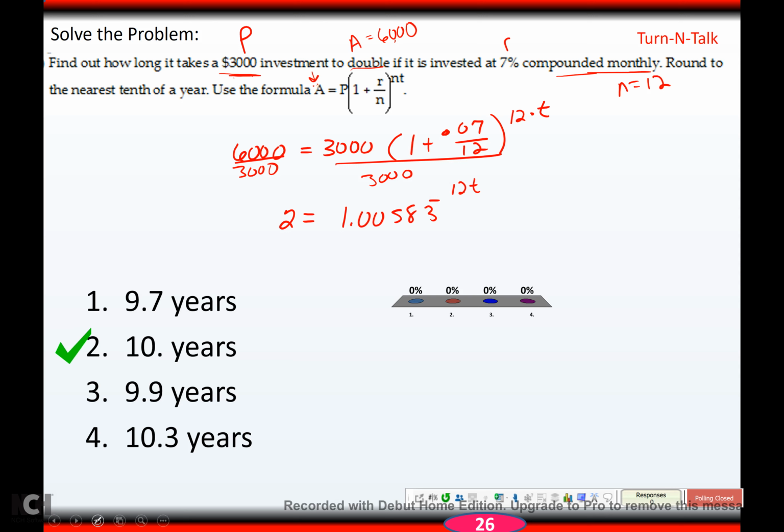Again, I need to get t out of the air, and it's not base e, so I'm not going to ln both sides. I'm going to log both sides. Now I can drop it like it's hot. So I have log 2 equals 12t times log 1.00583 repeating.